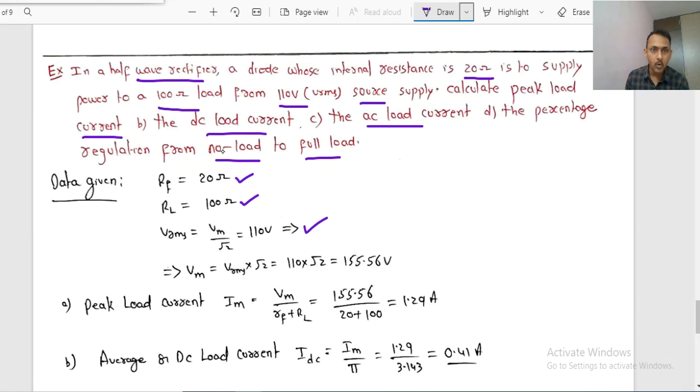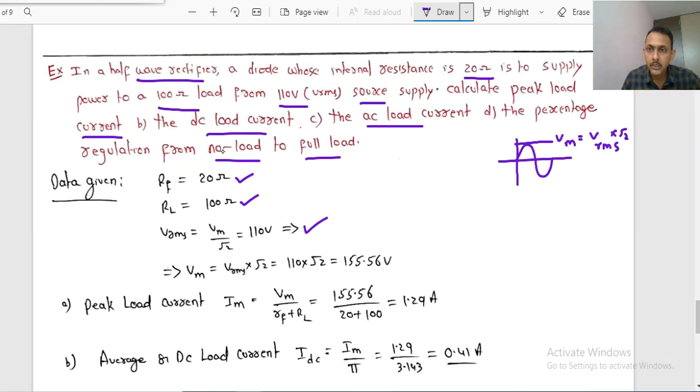So VRMS equal to VM by root 2. Now VM value will be how much? For example, in this waveform, VM will be how much? VRMS into root 2.